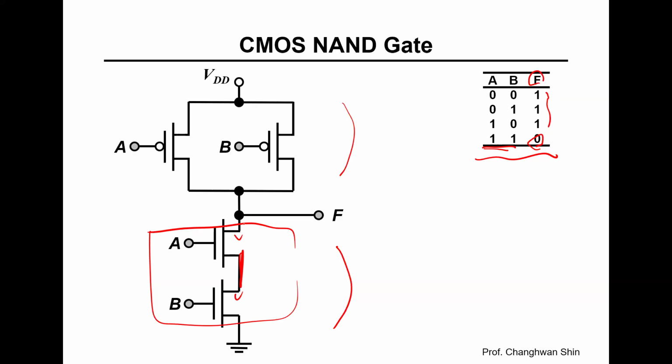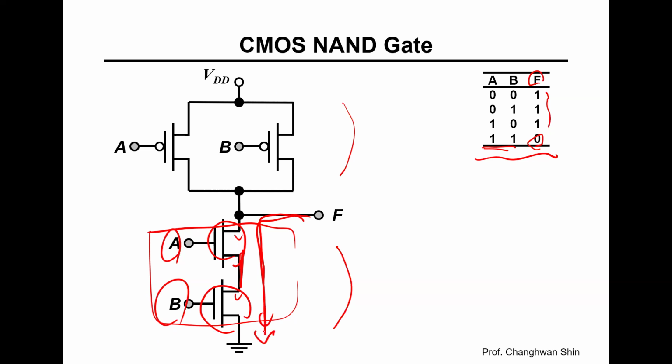Think of this as requiring two switches to be closed simultaneously to complete the path to ground. Both inputs A and B must be high to turn on both n-channel transistors and pull the output low.